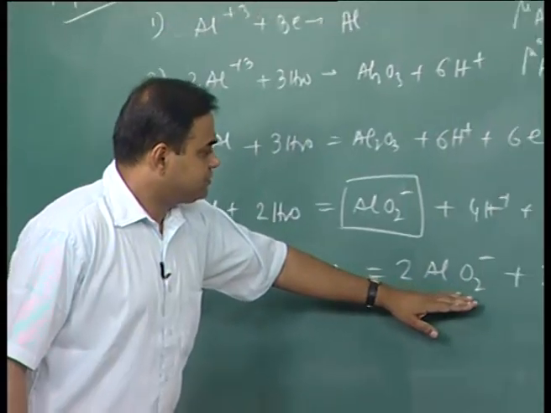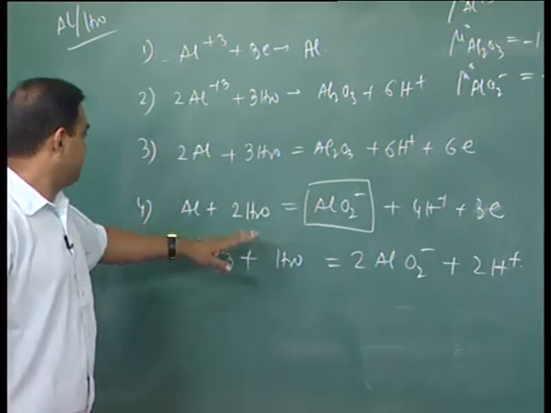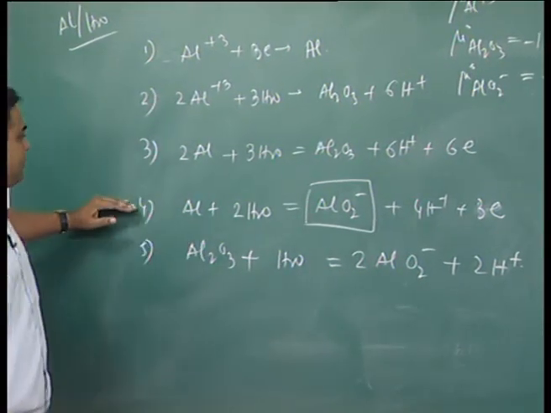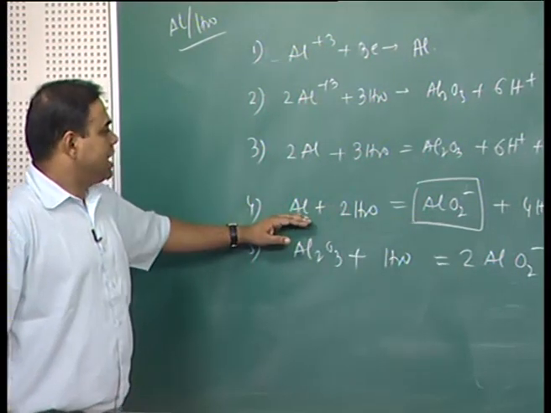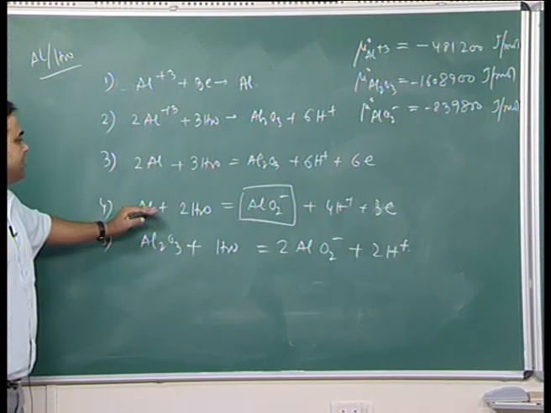So, if this ion forms from Al, for example number 4, if this ion forms from aluminium, then of course the aluminium is corroding.